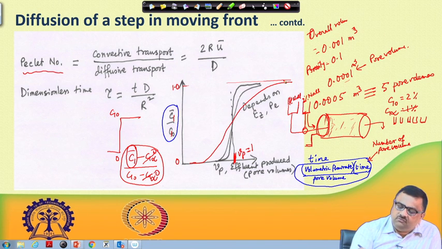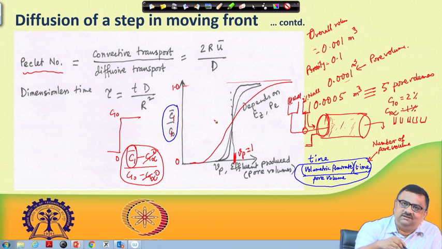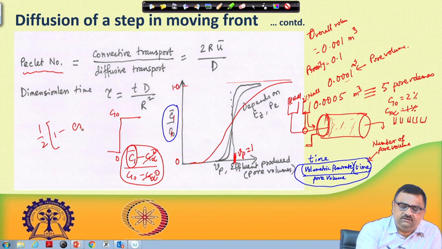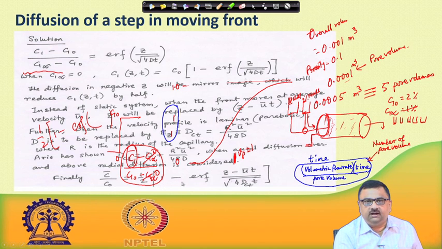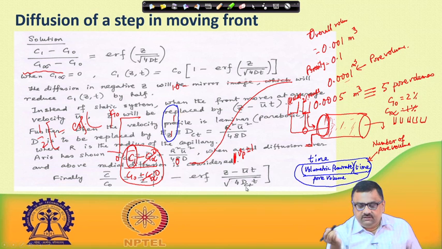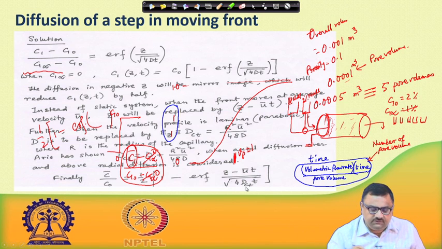Okay. So now one can go back and use that equation that we have already shown, which was half of 1 minus error function of z minus u bar t divided by square root of 4 dCTT. So everything is known. I have a profile, only unknown here is this dCT.